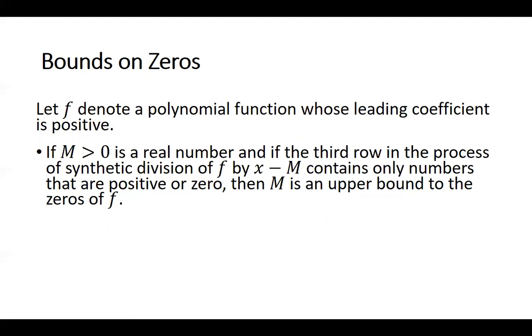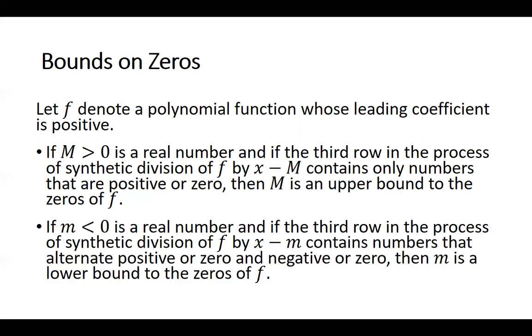So 25 is also an upper bound because there won't be any zeros beyond 25. So realize that there's not a set m. There are numerous m's that you can find, but obviously you don't want to get ridiculous and always plug in 1,000,000 for m and say, hey, look, it's an upper bound, because there are times where that's just absurd.